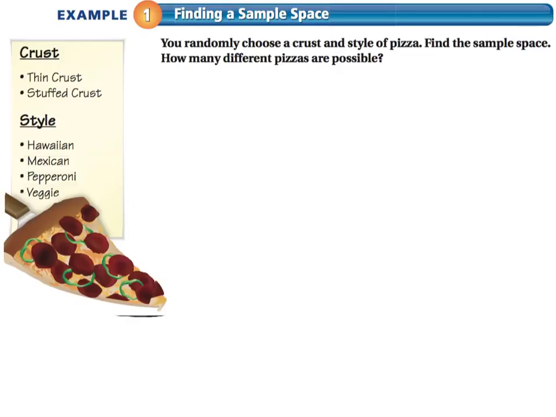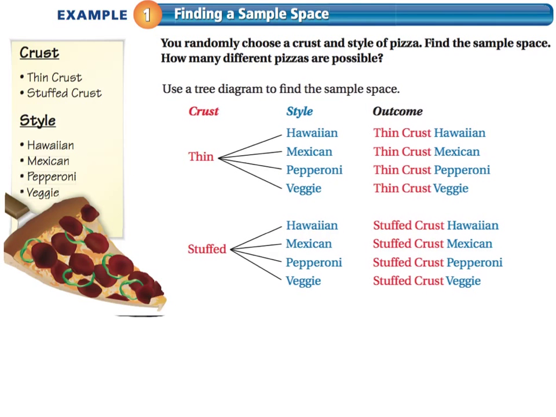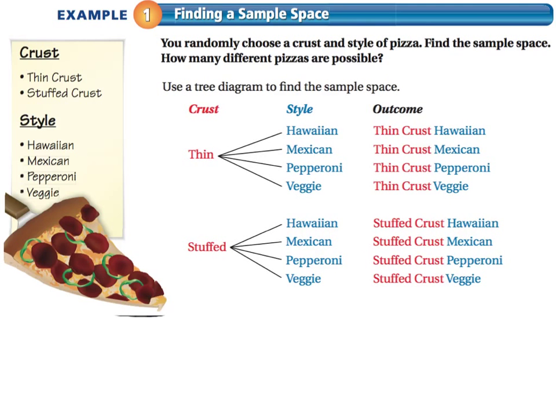Now, personally, that's a lot of work, so you wouldn't have to do something like that. But you could have your thin crust go to these 4 kinds and this stuffed crust go to these 4 kinds. That gives you a total of 8 different pizzas. So there's your answer: 8 different outcomes or 8 different pizzas.